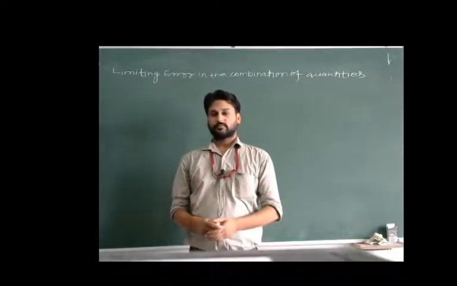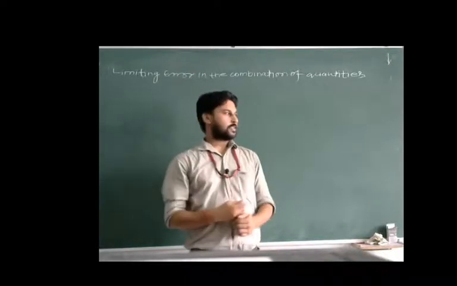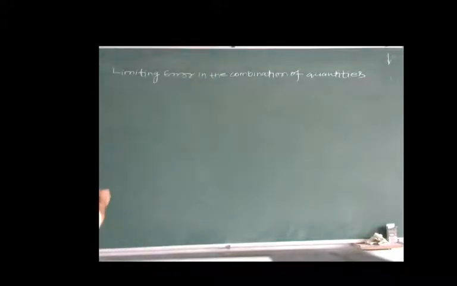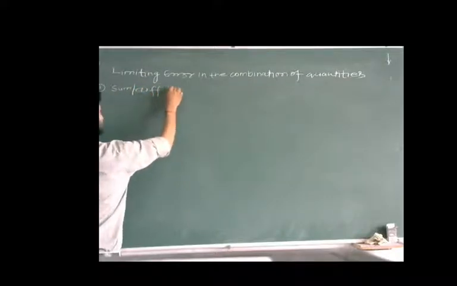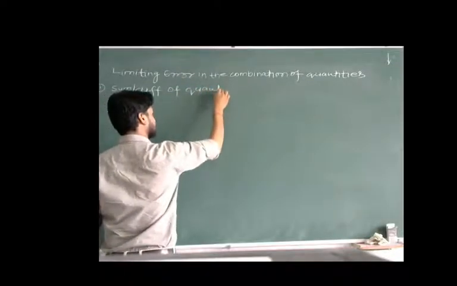So we will discuss each case one by one. Suppose in the first case there is a summation or subtraction of two quantities. In the first case, suppose sum or difference of quantities.